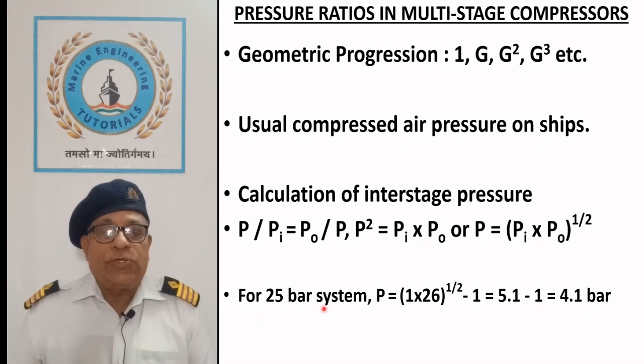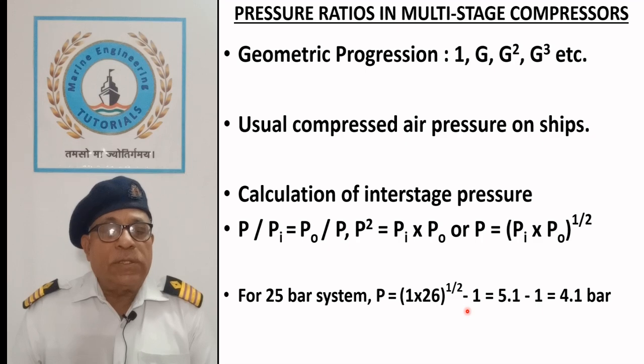For 25 bar system, we can find the interstage pressure by multiplying 1 into 26 under the root. We have taken these absolute pressures and we are subtracting 1 after getting the result. So we get the value as 5.1 minus 1 is equal to 4.1 bar.